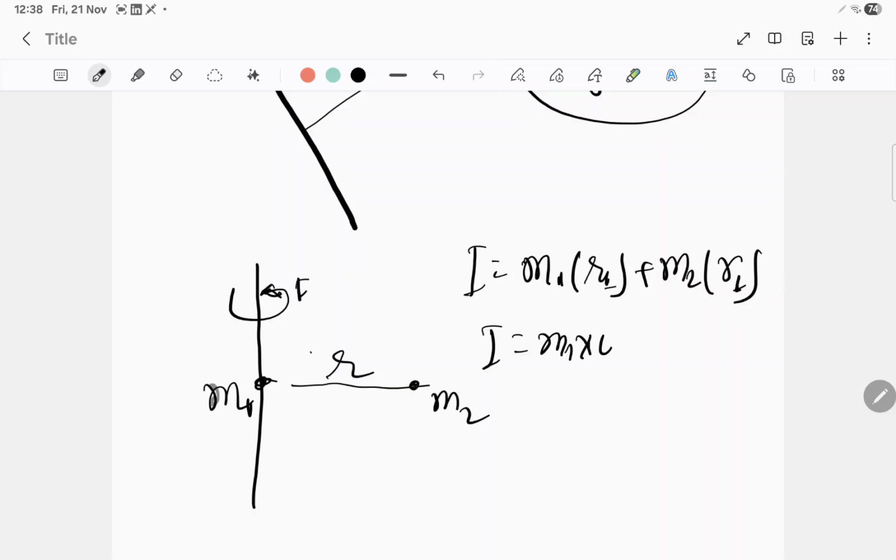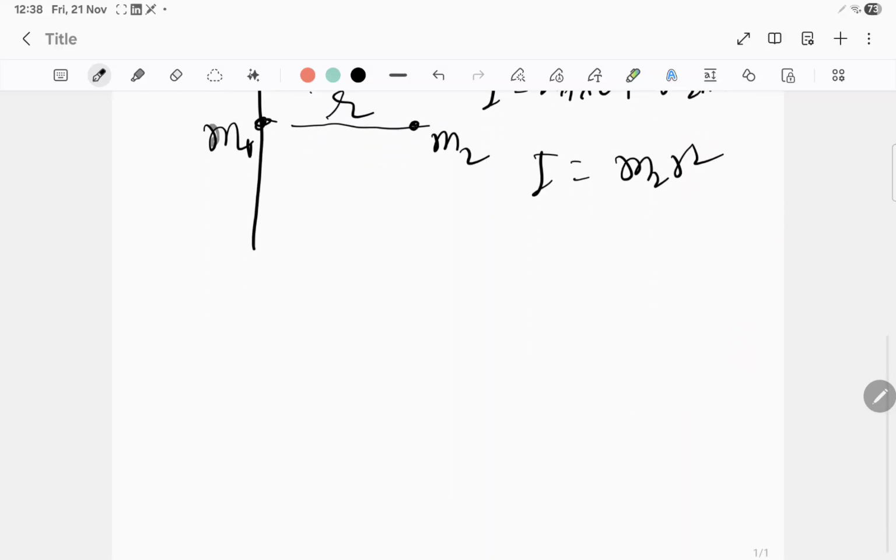So m1 into 0 plus m2 into r square, and I will be m2 into r square. So if a mass lies on the same axis about which we have to find the moment of inertia, then that mass does not contribute to the moment of inertia. I have just given an example. Let's take another question.